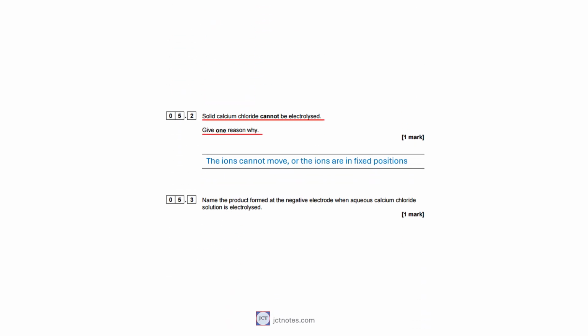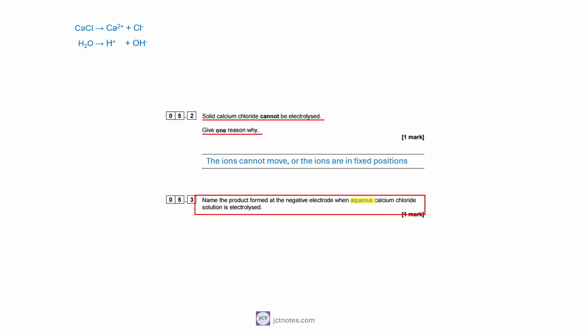Now, let's look at question 5.3. Name the product formed at the negative electrode when aqueous calcium chloride solution is electrolyzed. This is another 1 mark question that tripped up over half of the students. The key word is aqueous. This means we don't just have calcium and chloride ions in the beaker, the water molecules also split up into hydrogen ions and hydroxide ions.